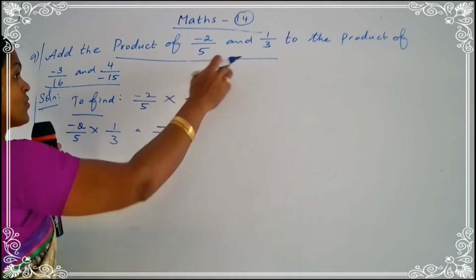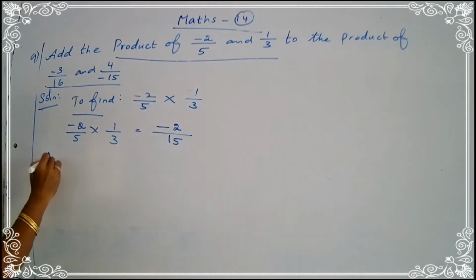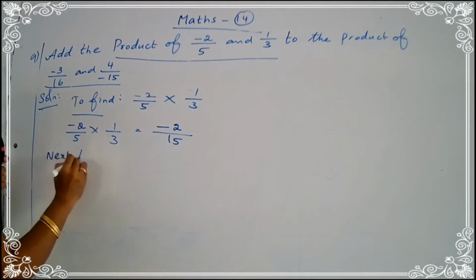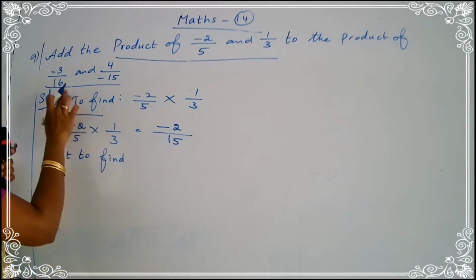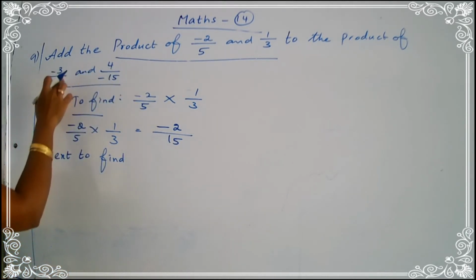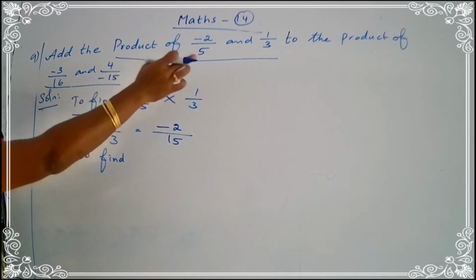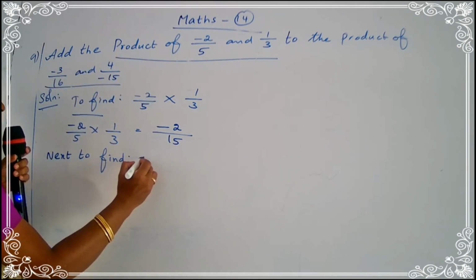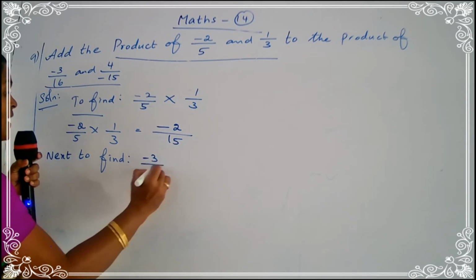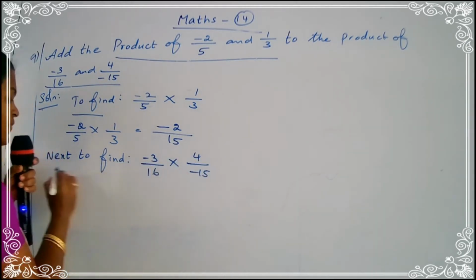Okay. So next, to find the product of minus 3 upon 16 and 4 upon minus 15. Okay. So it can be written as, product means multiplication. So minus 3 upon 16 multiply 4 upon minus 15. Okay children?